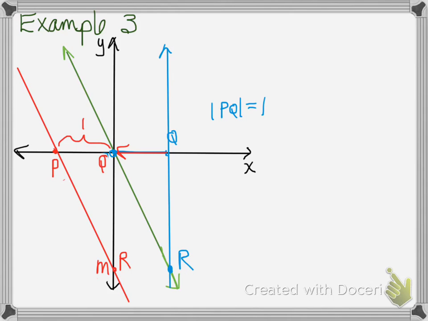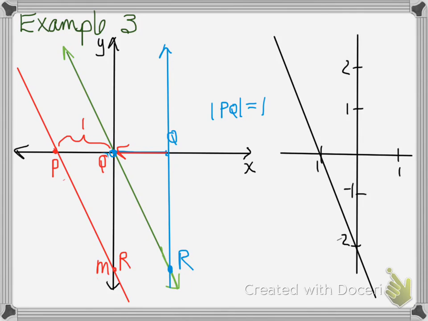Okay, so let's look at a numerical example of this. So here's our diagram. Here's a labeled graph. So here's 1, positive 1, negative 1, negative 2. And here's our line coming through. So this is our point P. This is our point Q, which is now translated to the origin.